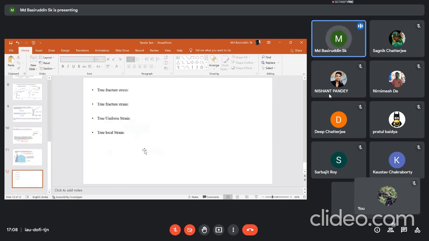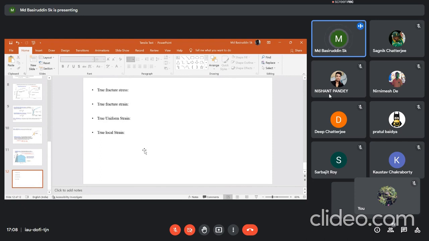Now, as I said, you can also calculate the true fracture stress, where you need to follow certain equations, or you need to find out the length at the fracture strain level. Or you can use your previously known cross-sectional area of the samples.